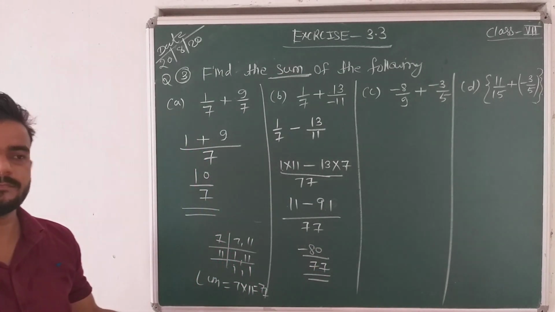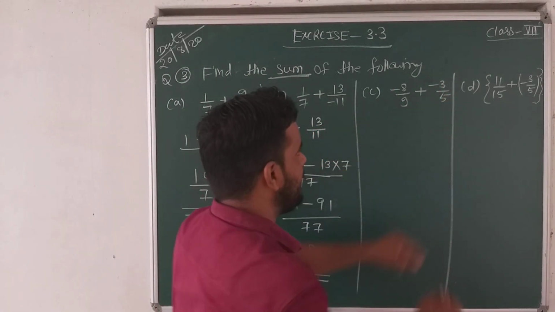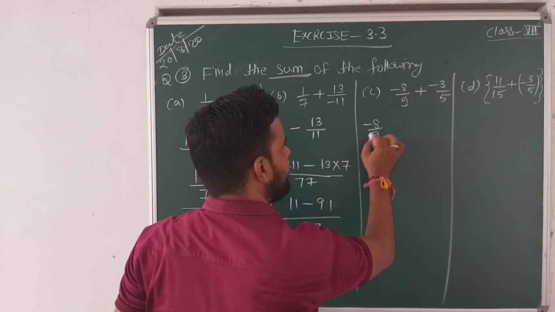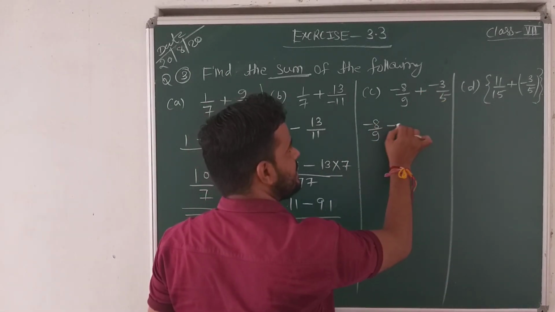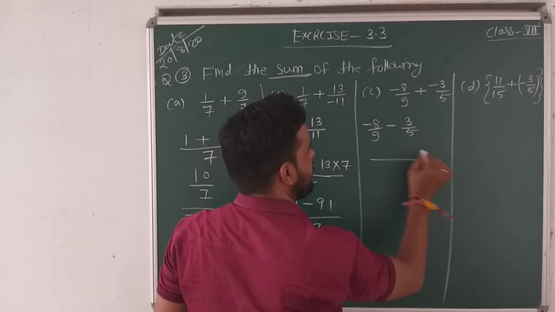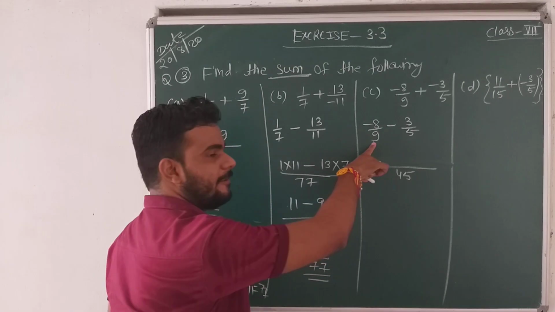Okay. Next, negative 8 by 9 plus negative 3 by 5. Here it is already negative 8 by 9, so we will write it as it is, and the positive and negative is always negative 3 by 5. So the LCM of 9 and 5 is 45. So here we have to make 45.